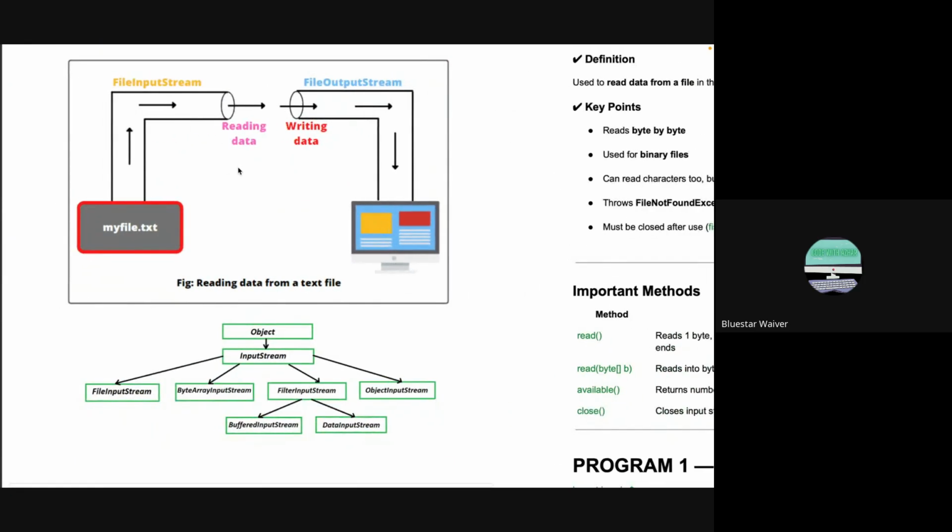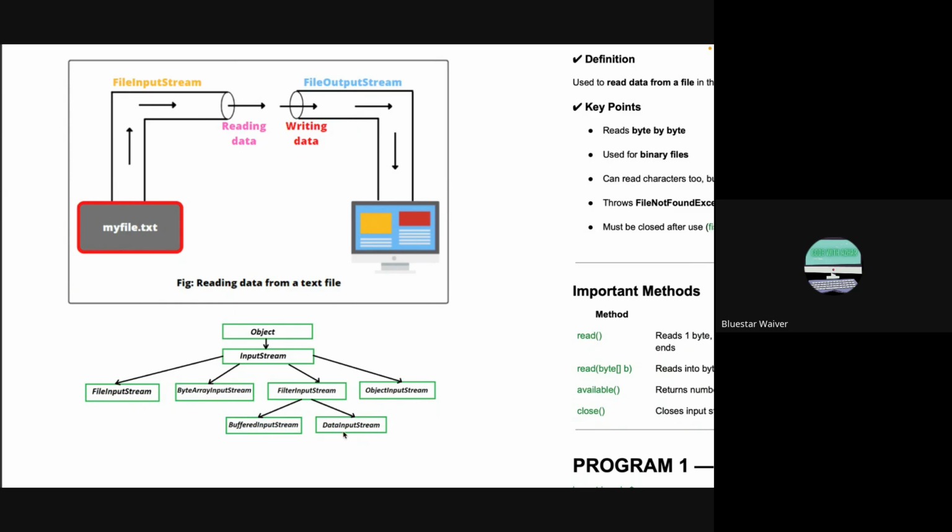So basically what happens in file input stream and file output stream. So this is the text file which we saw, nana.txt or data.txt. The reading will happen with file input stream, the writing will happen with file output stream, just like how we have file reader and file writer. So this is the hierarchy, how exactly it happens.